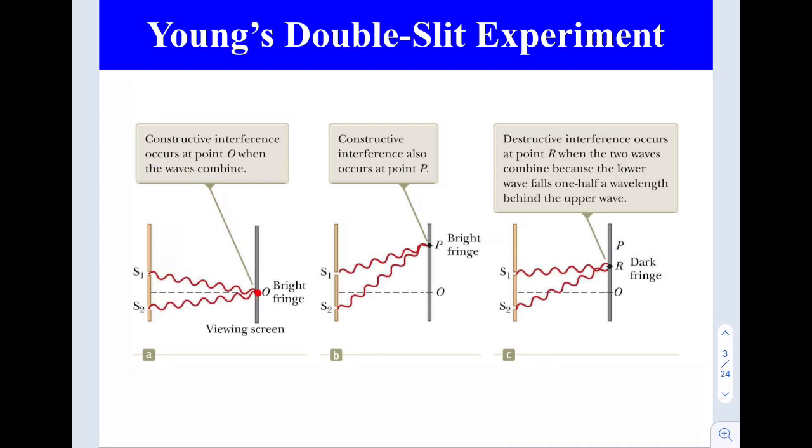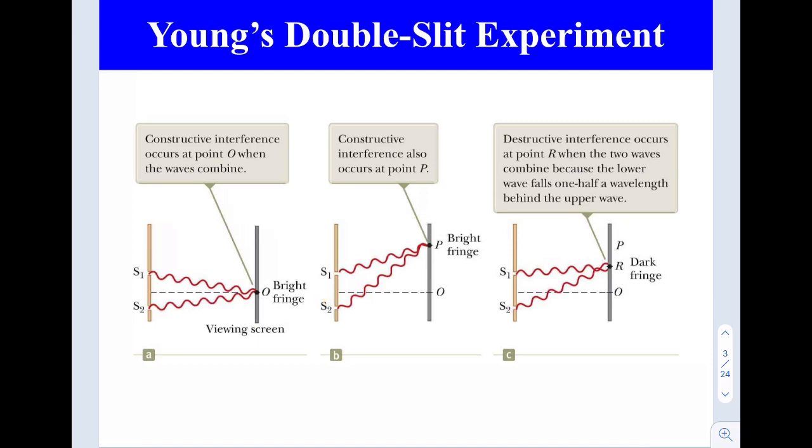So we will see a bright fringe at the center of the viewing screen. Again, now we are going to observe point P, some distance from the center of the screen. At point P we also observe constructive interference, again if crest meets crest or trough meets trough, for the waves leaving S1 and S2.